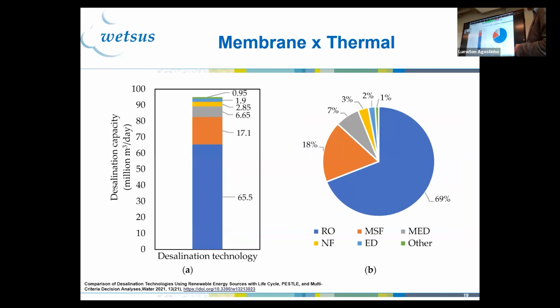And if you look at the percentages now, when I was doing my PhD, this was already different. Thermal desalination was dominant, and reverse osmosis was gaining force, but you can see now that reverse osmosis represents 69% of the market, more or less. This is a report from 2021, so it's not a very old report.